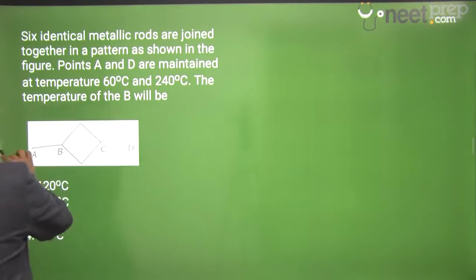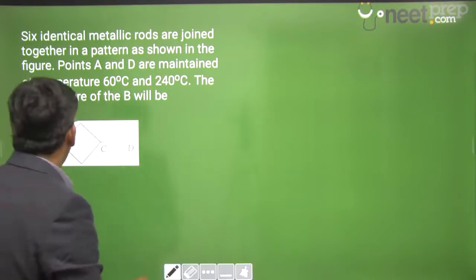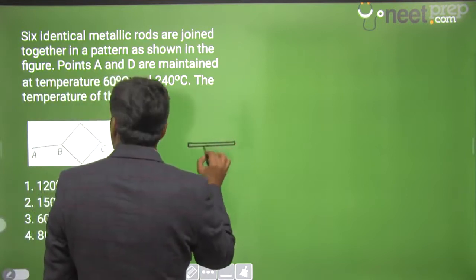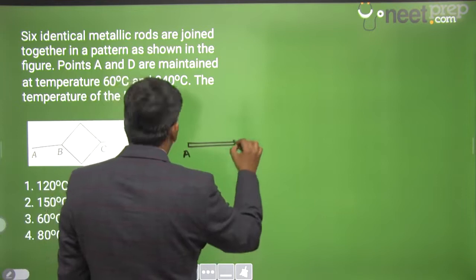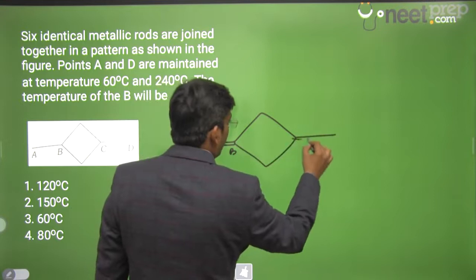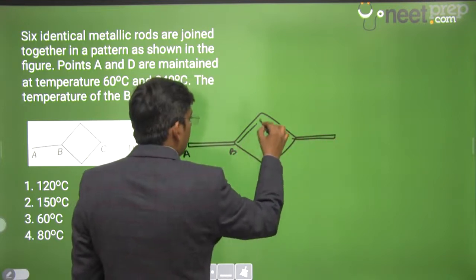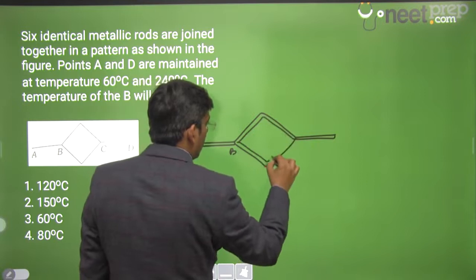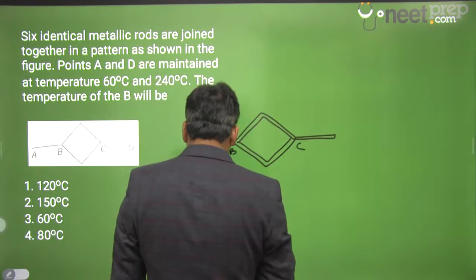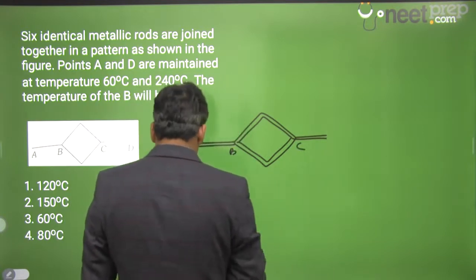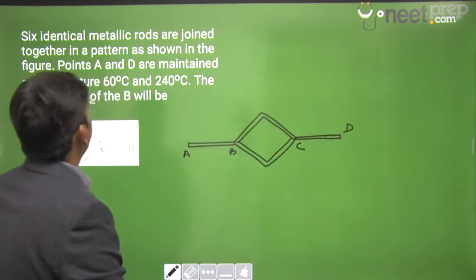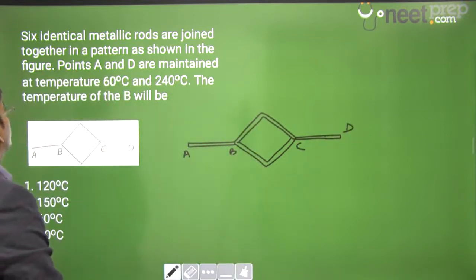Six identical metallic rods are joined together in a pattern as shown in the figure.